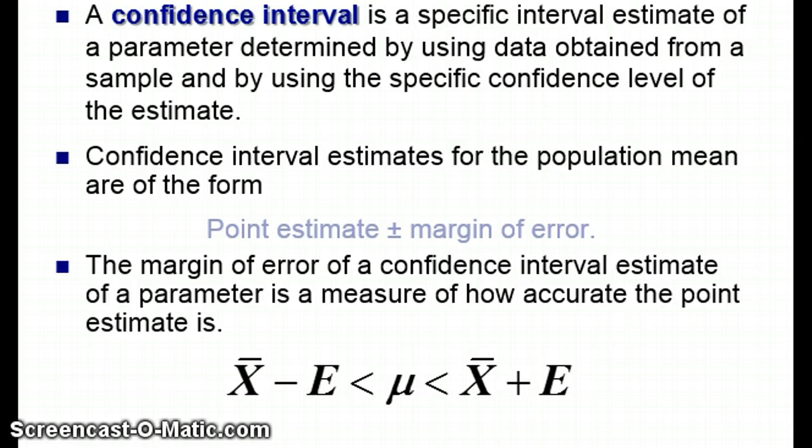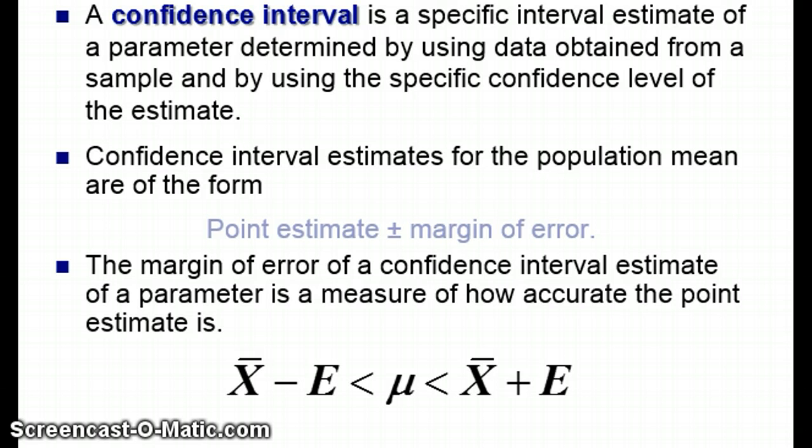It estimates the population mean by saying, here's my point estimate, the sample mean, plus and minus some kind of error, that error that I'm going to allow to happen as I'm collecting the data.